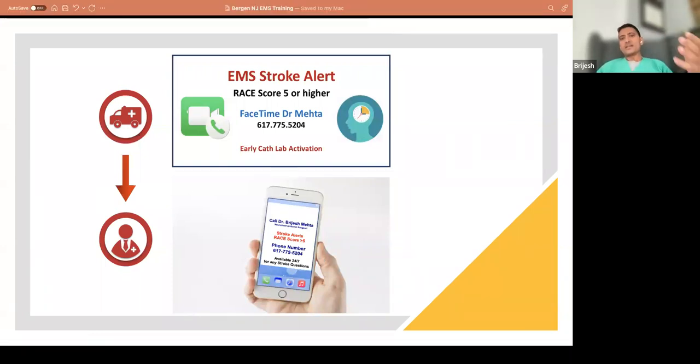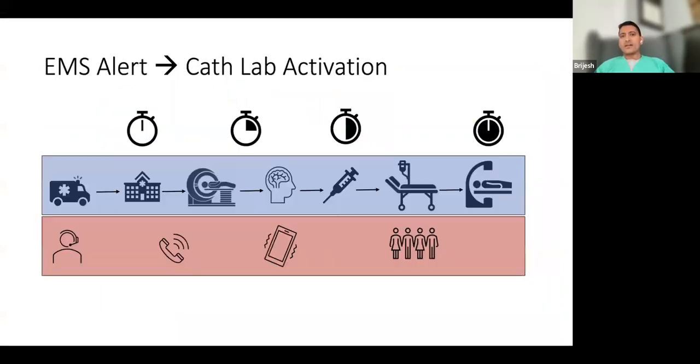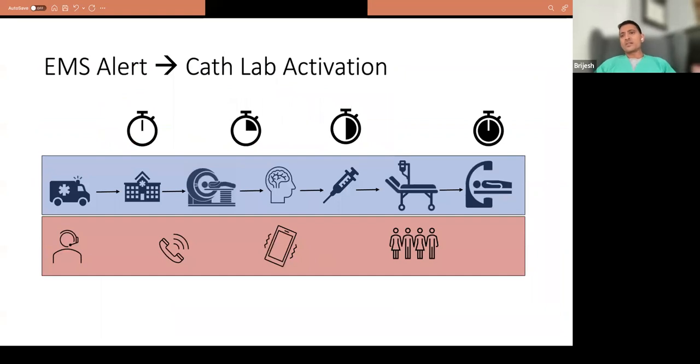It's a quick 2-minute assessment that gives some level of confidence to the paramedics that, all right, this is the real deal. And it's not disruptive to me. I find it helpful because I'm able to educate paramedics in real time. And once they get the hang of it, after a couple of stroke alerts, it's not something that they're calling me for every single stroke alert.